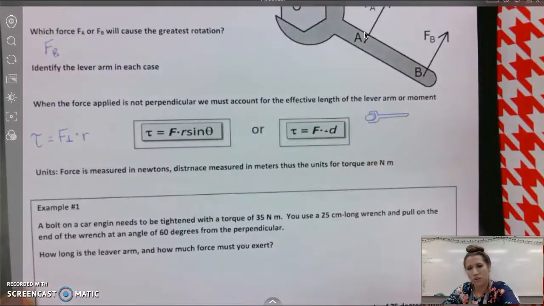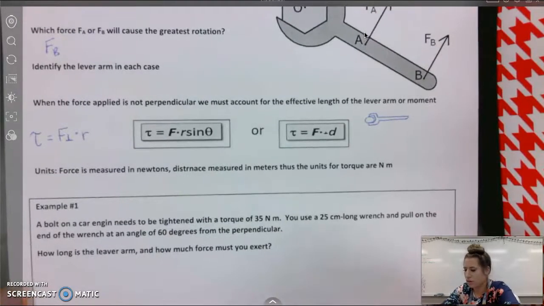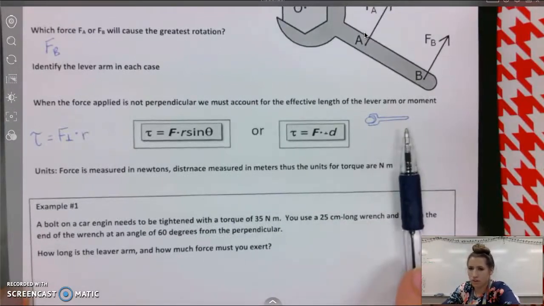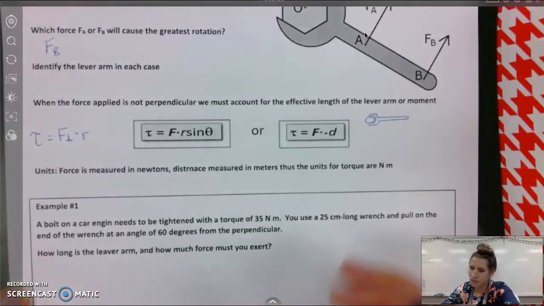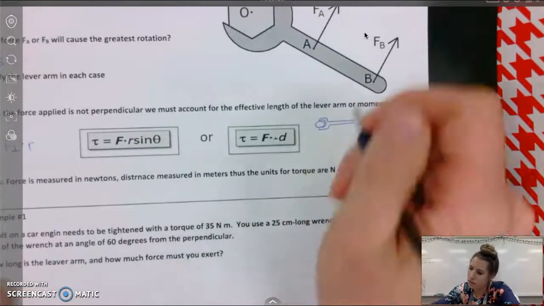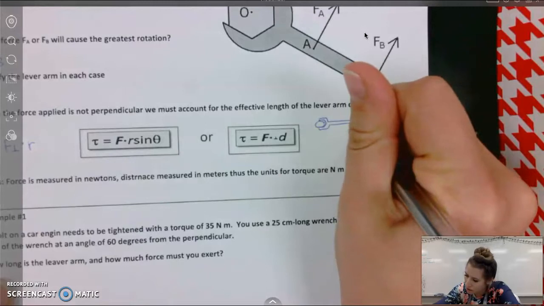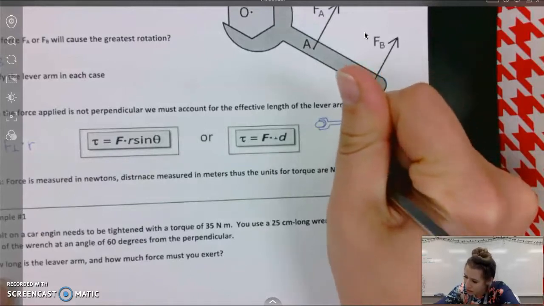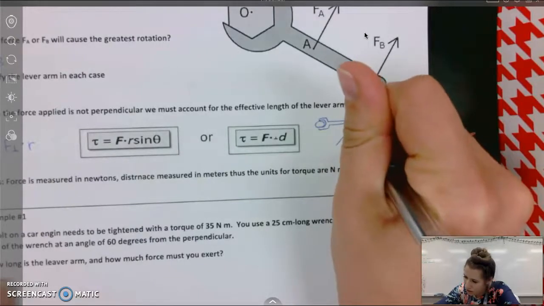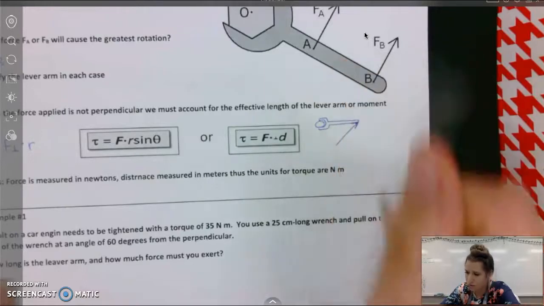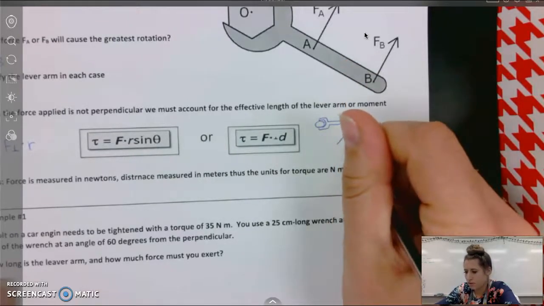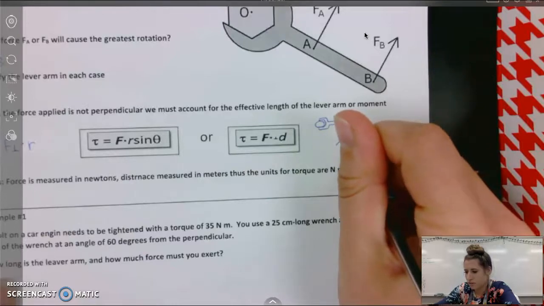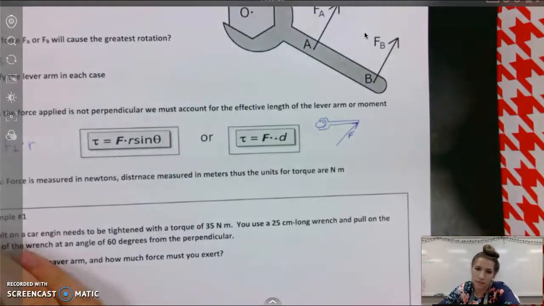Okay, so we're trying to turn a bolt, and we're going to pull or push on this wrench, but we're not going to push on it perpendicular or parallel. It's going to be at an angle. So we have some force that we're going to apply to this wrench.